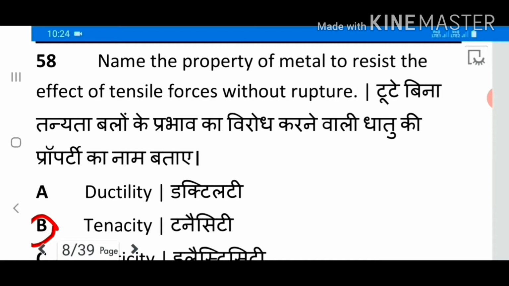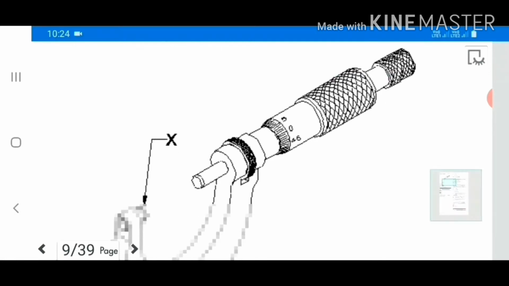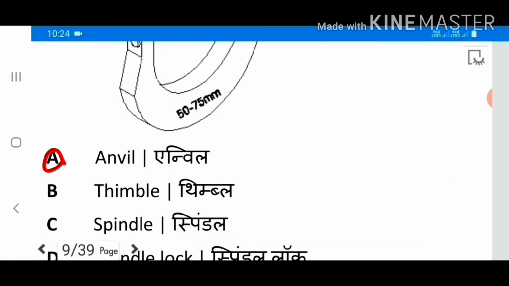Name the property of metal to resist the effect of tensile forces without rupture. Answer B. Tenacity. 59. Name the part marked as X. Answer A. Anvil.